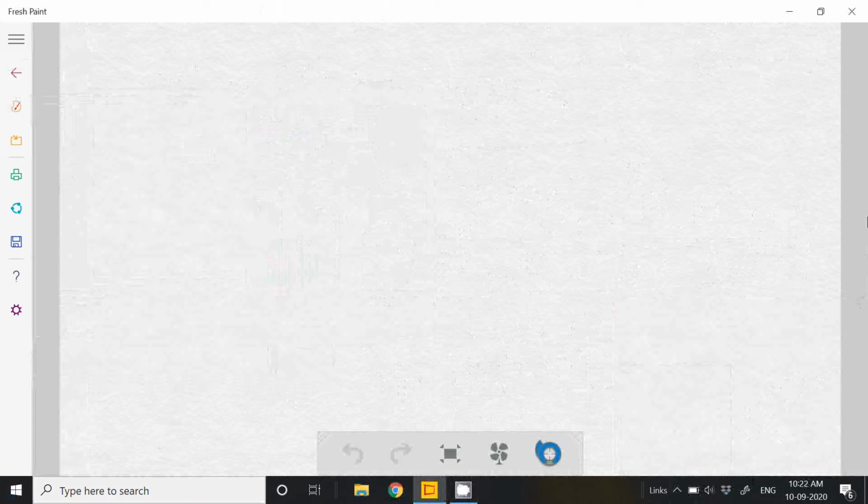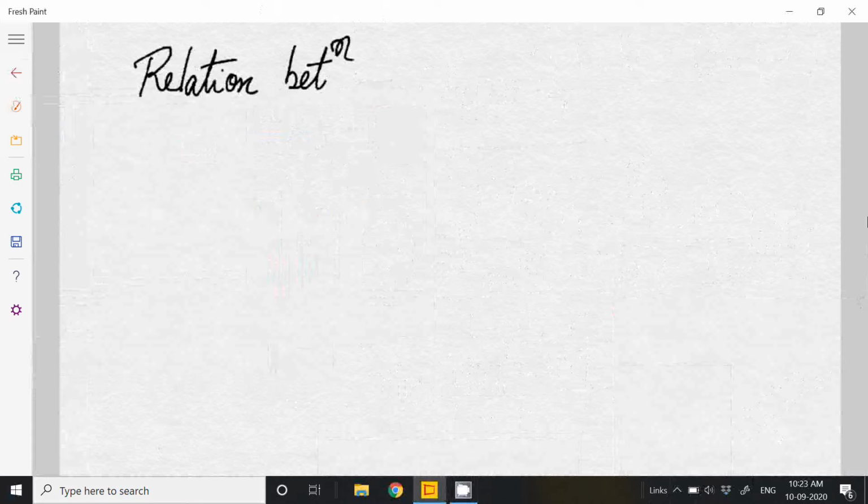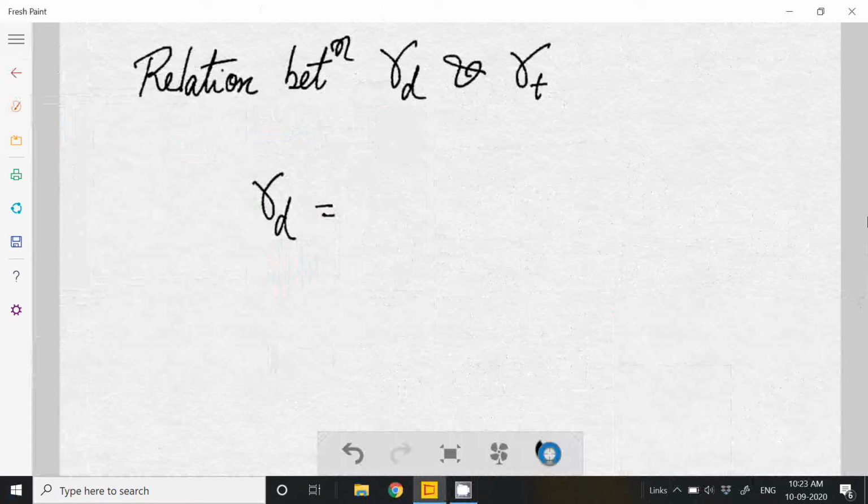You can write it like this: dry unit weight is equal to bulk unit weight by 1 plus moisture content.